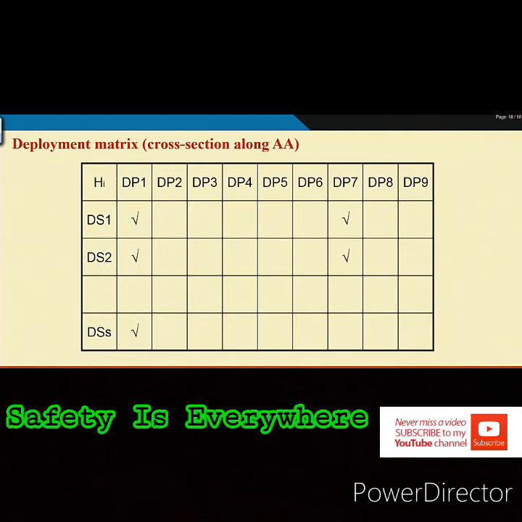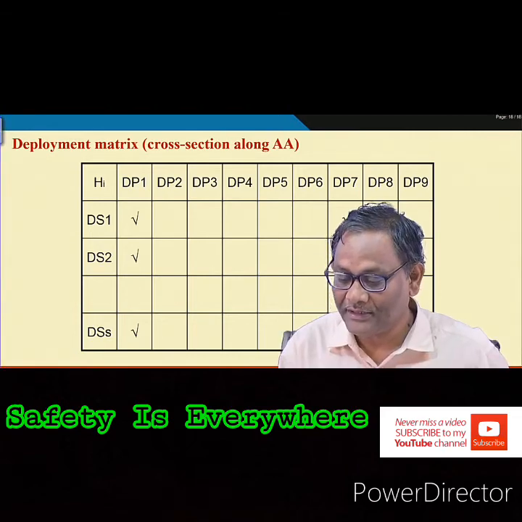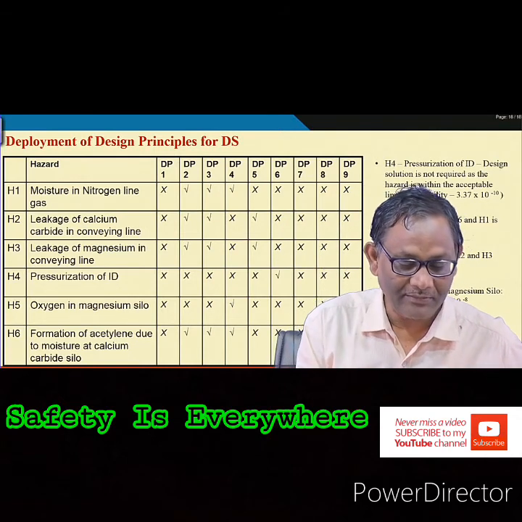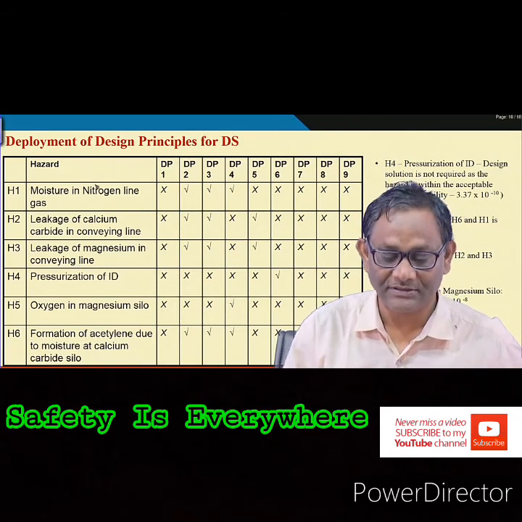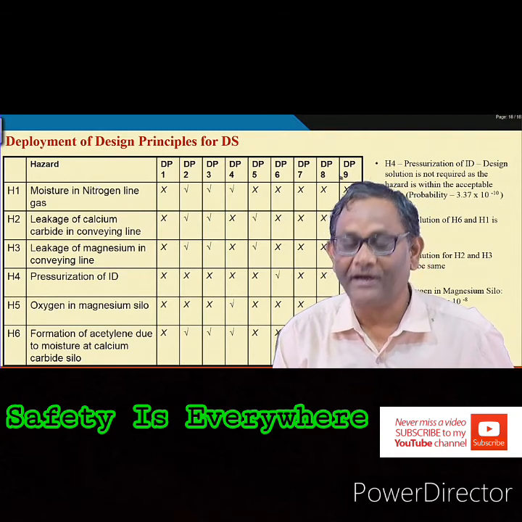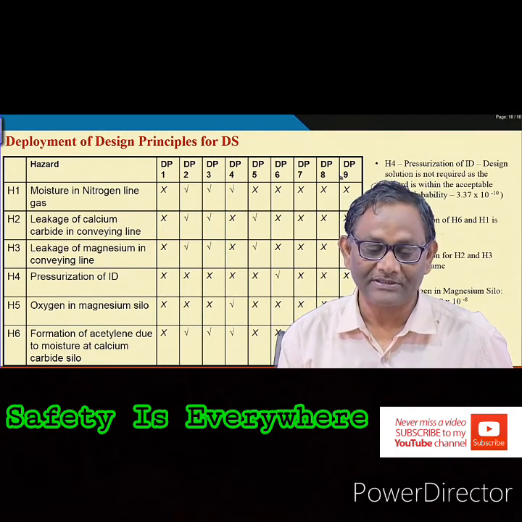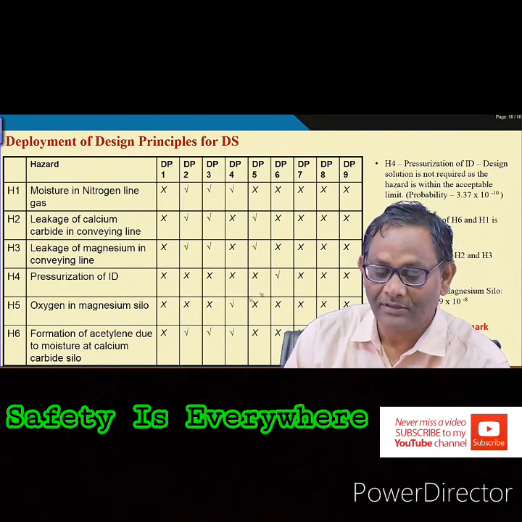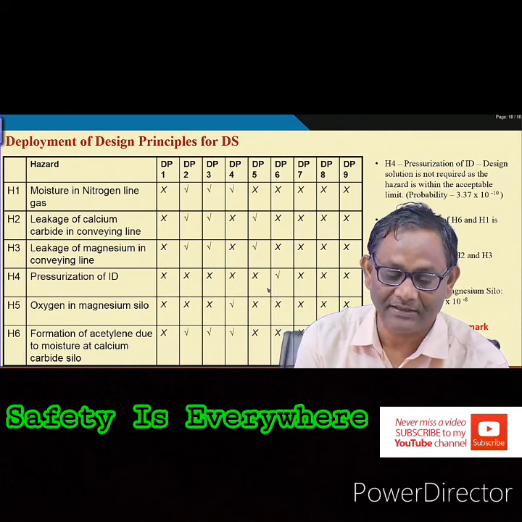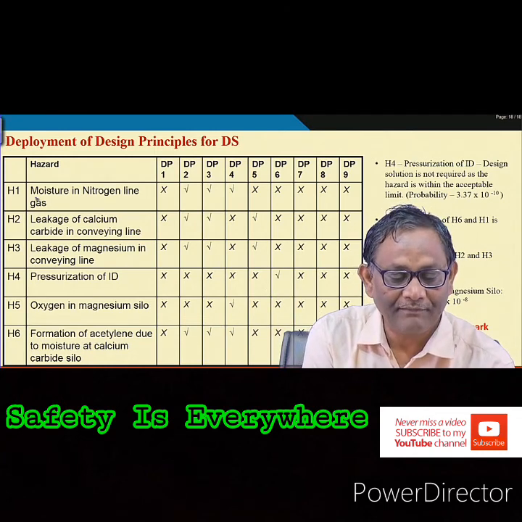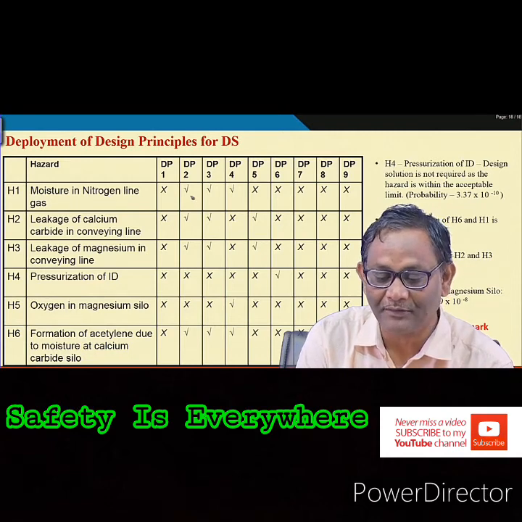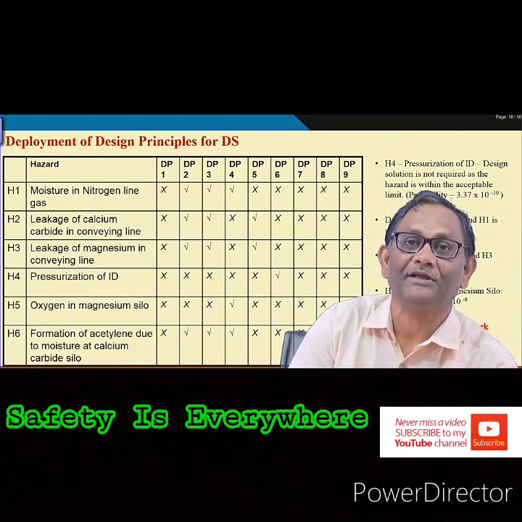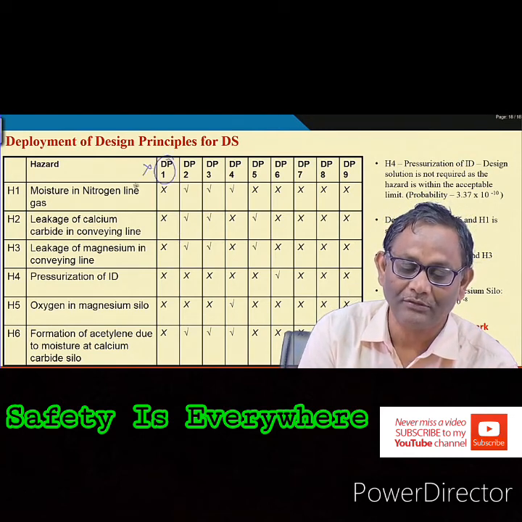With reference to our example, the desulfurization unit, we have 6 different hazards. A group of 5 engineers with knowledge of this desulfurization plant developed this for the existing plant. With reference to moisture in the nitrogen line gas, they found that DP1, avoid hazard, is not possible for any of the hazards. It is totally ruled out.